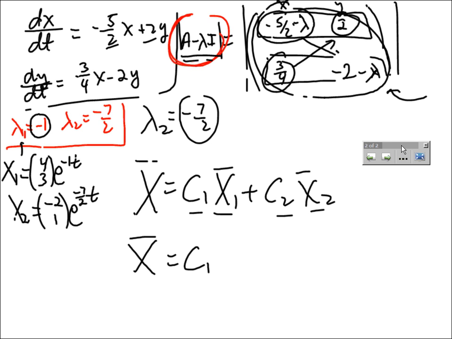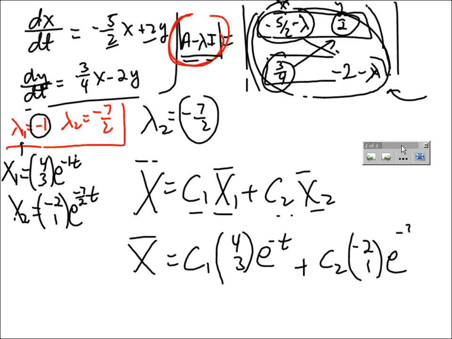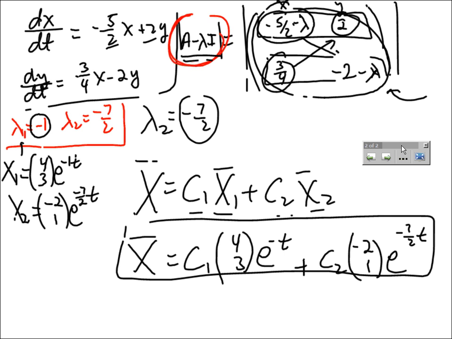And it's C1 times the vector 4, 3, e to the negative t, plus C2 times x2, which is negative 2, 1, times e to the negative 7/2 t. And there's your answer. And please understand that it's the answer to this question.